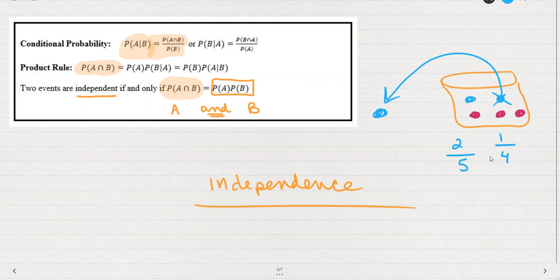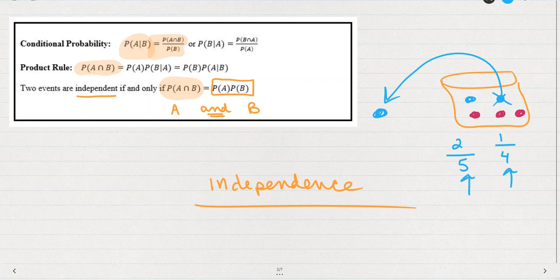That makes them dependent. What we would refer to this as is with or without replacement. So if we don't replace the blue marble, or the problem might be stated without replacement, that simply means we don't put that marble back in before we take our second draw. Then notice that the probability changes.